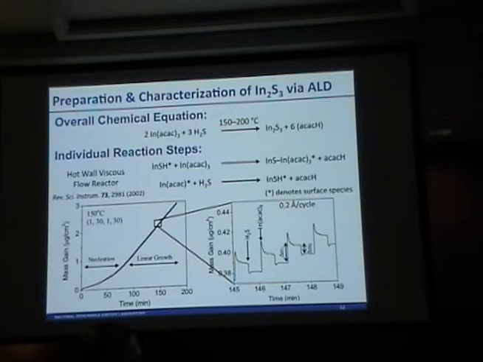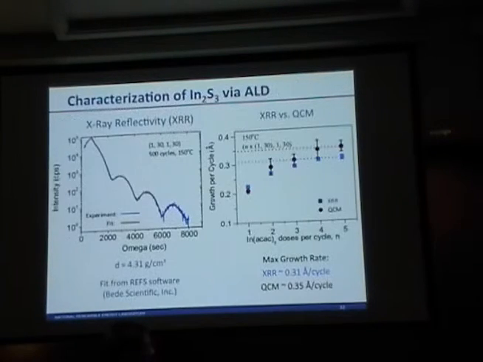And I won't go into the details here, but suffice to say that we did make it. These are some of the surface reactions that happened. And so we showed via X-ray reflectivity and QCM, which is quartz crystal microbalance, that we do in fact make what we think we make.